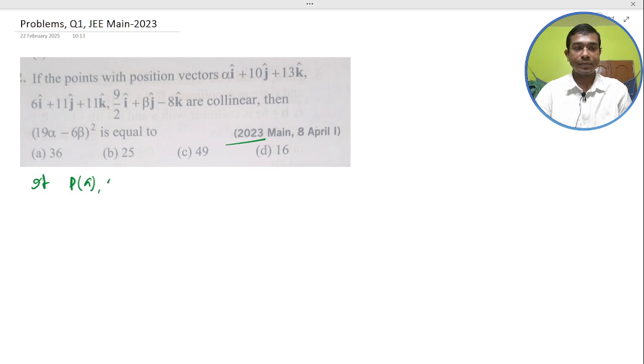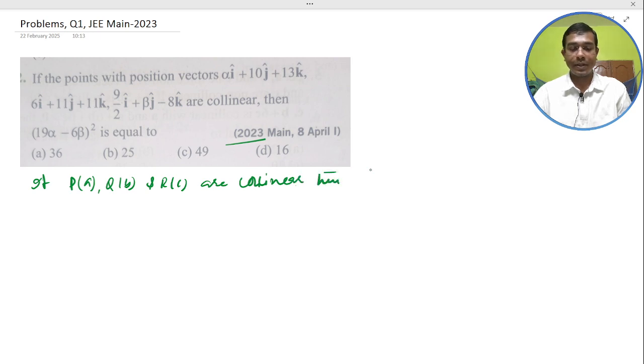if the points P, Q and R are collinear, then PQ is parallel to QR is parallel to PR. Now PQ is what?